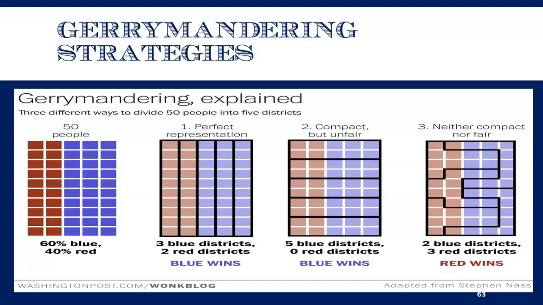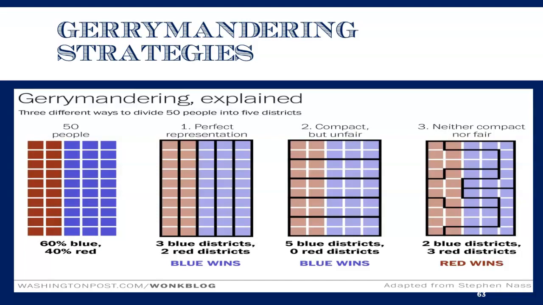And then you have the more common, or back in the day, what they did, which was neither compact nor fair. You had all these really weirdly shaped districts. They would draw random lines to gain an advantage, putting some of the blue in with a majority of the red, so that no matter what, they can gain an advantage for the red.